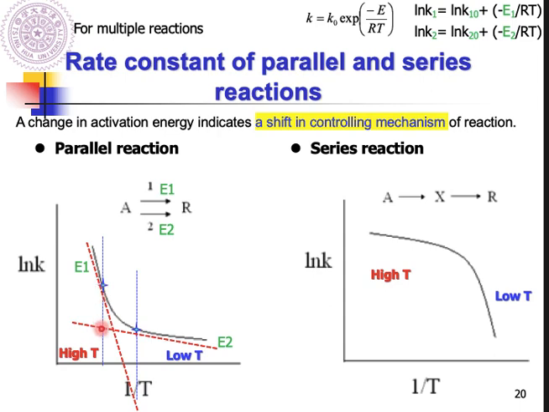This one will be lower, with a lower rate constant, because the log K is smaller. So at high temperature, the fast one dominates. And at the low temperature region, I find that the experimental data is more close to reaction 2 with activation energy E2, right?